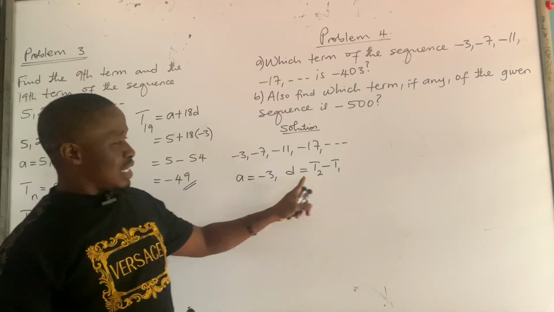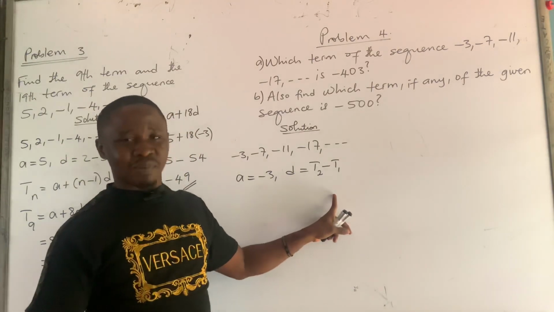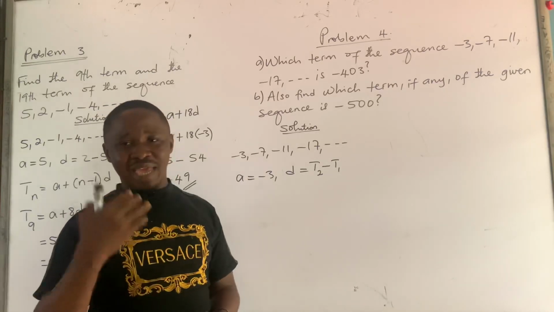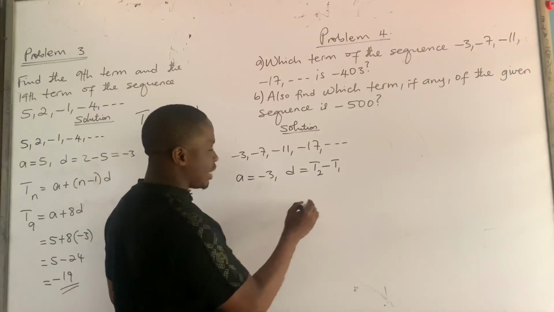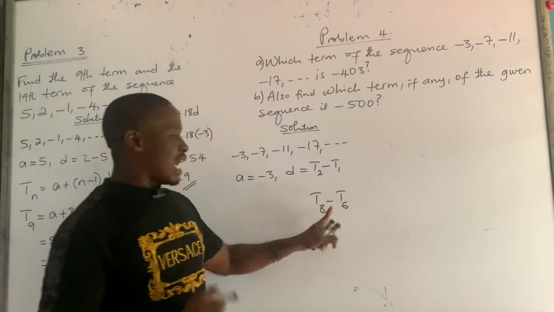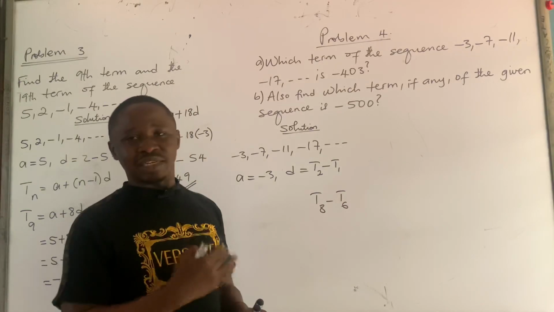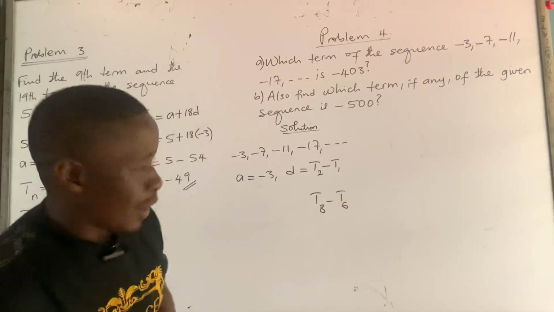Normally we can say second term minus first term, third term minus second term, 10th term minus 9th term. But you cannot say 8th term minus 6th term, because there is a missing term. It is a particular term minus the immediate preceding one.